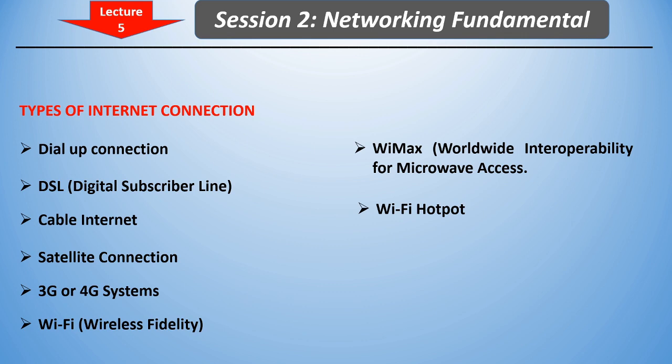Some hotels charge the clients for this facility, whereas most of the other public hotspots can be accessed freely. A private hotspot is usually used in homes or offices and access is only available to those with a password.